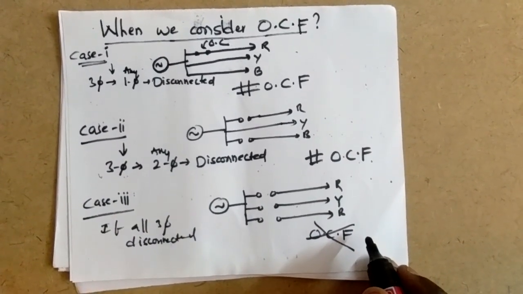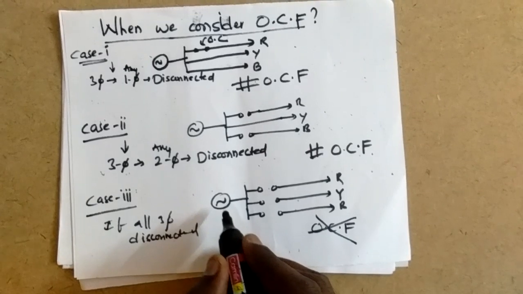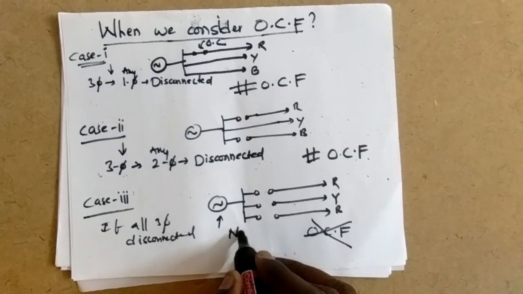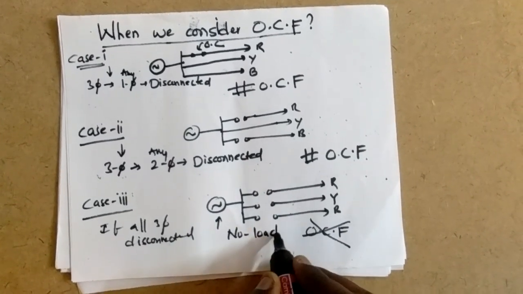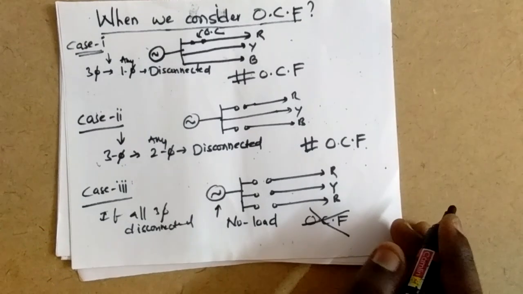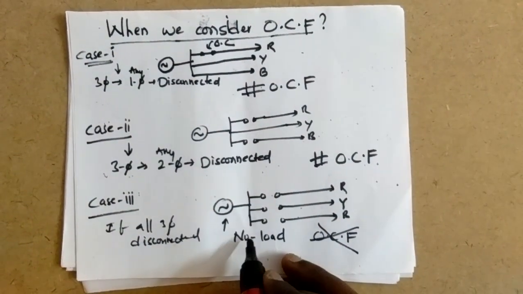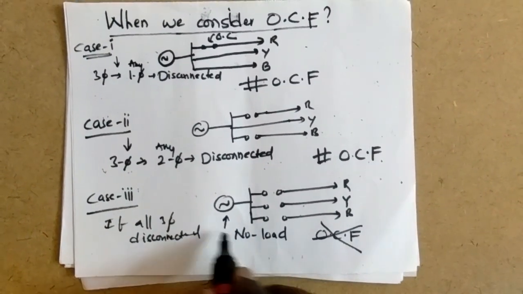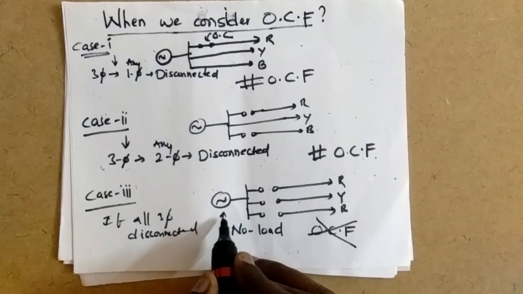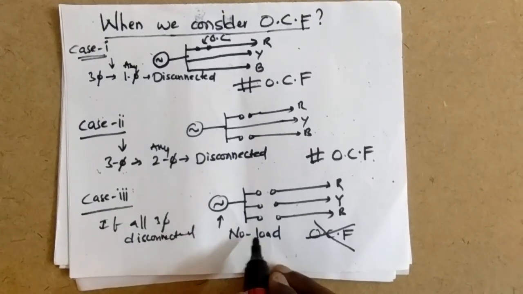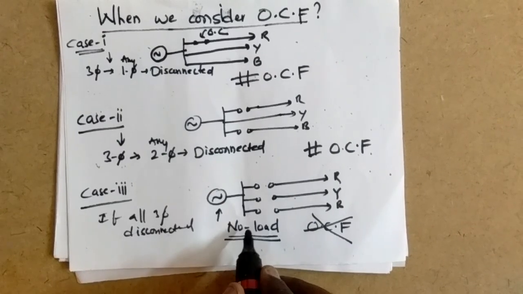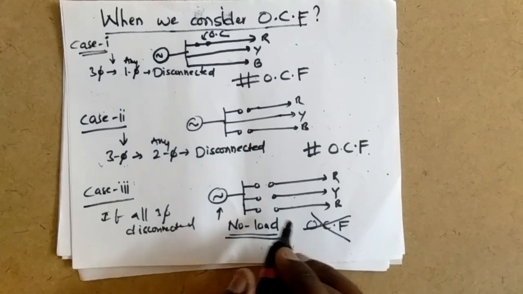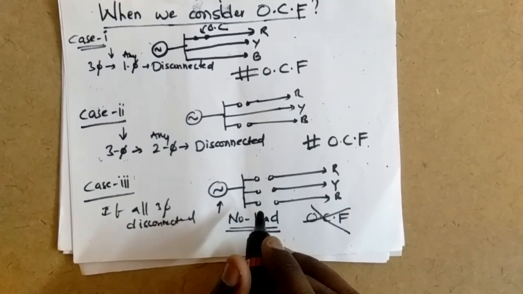It is not considered an open circuit fault because here the synchronous generator is operating in no load condition. The load is not connected, hence there are no losses. You can't say that is a fault. It is a no load operation of the synchronous generator.